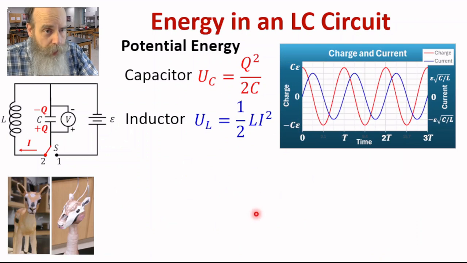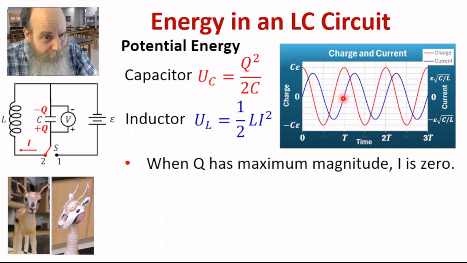Here's a graph of charge and current on the same axes. What I want you to note here is when charge in red has the maximum magnitude, the current in blue is 0. So here, maximum magnitude charge, 0 current. Here, maximum magnitude charge, 0 current.